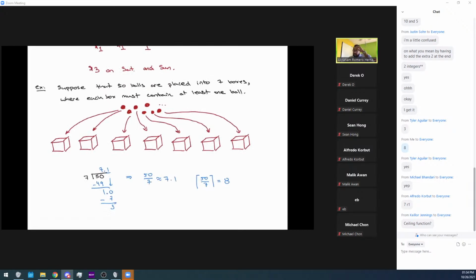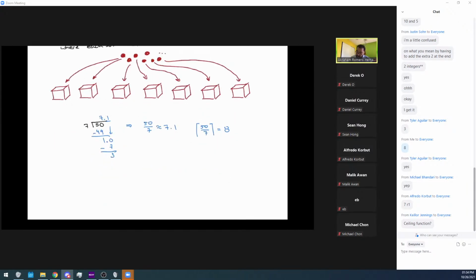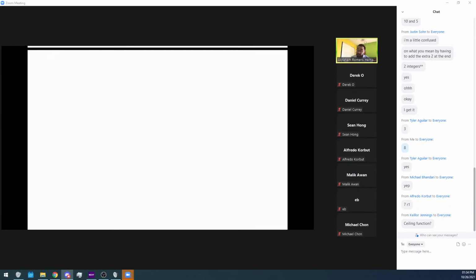And this is actually the general idea of the pigeonhole principle, doing the ceiling function.